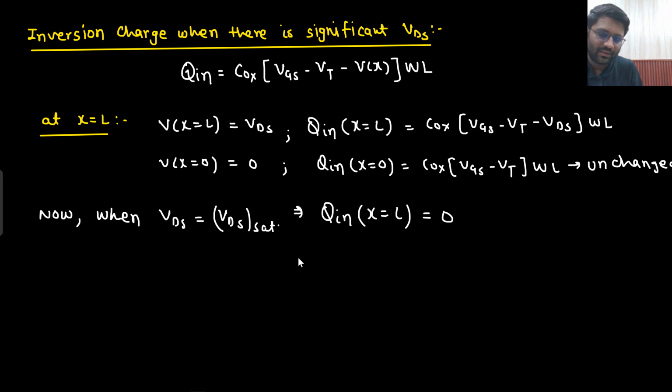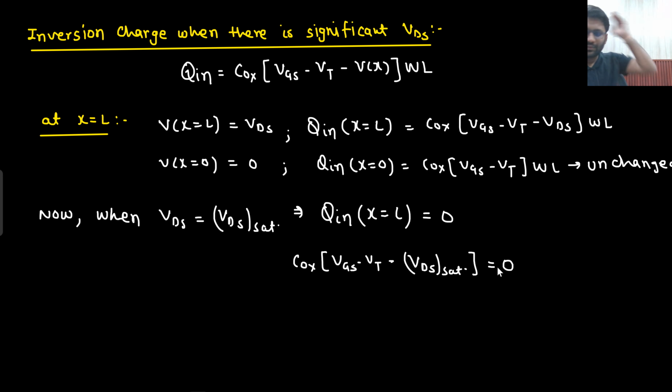That would be Cox (Vgs minus Vt minus VDS). What is VDS? VDS is nothing but VDS set, and that makes the charge equal to 0. Is that understandable to you? Your inversion charge at x equals to L is Cox (Vgs minus Vt minus VDS set), which would be equal to 0 because the VDS value is replaced with VDS set now.